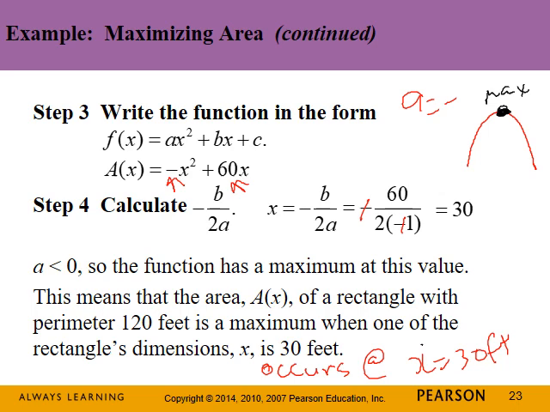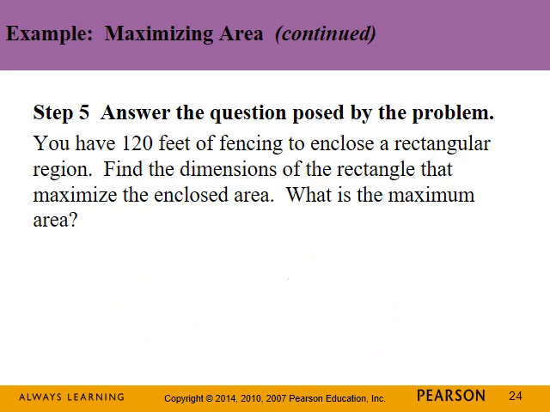Now we have to figure out, well, what is the actual value of the maximum then, when x equals 30 feet? Okay, so in step 5, we're going to answer the question that they asked in the problem. The problem stated that you have 120 feet of fencing to enclose a rectangular region. Find the dimensions of the rectangle that maximize the enclosed area. And what is the maximum area? Well, find the dimensions. We already found that x equals 30 feet, right?